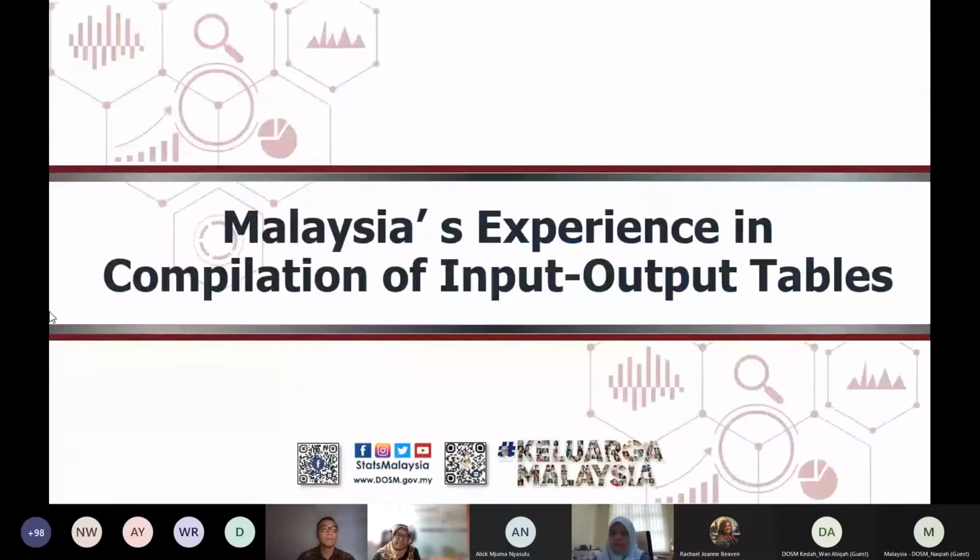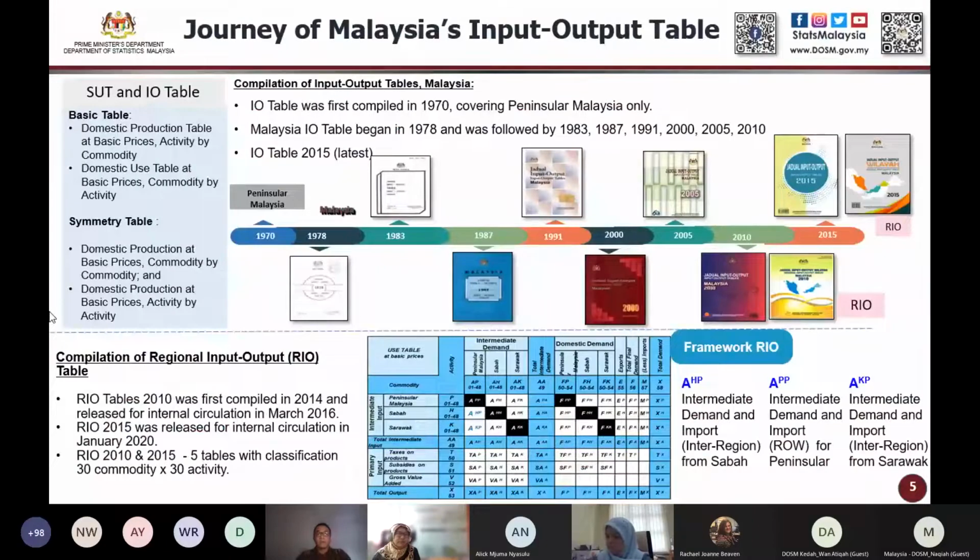Okay, now I share Malaysia's experience in compilation of input-output tables. The IO table was first compiled in 1917, covering just Peninsula Malaysia only.